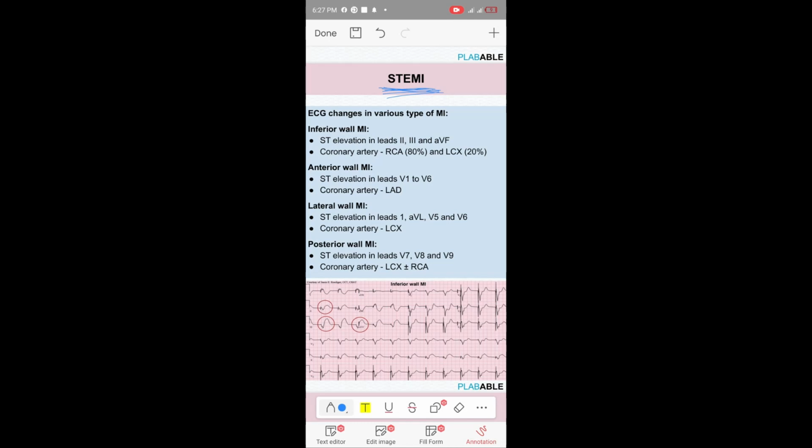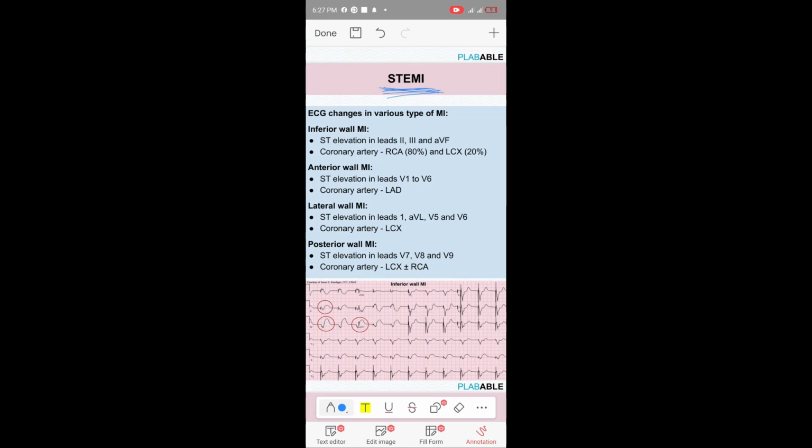There will be radiation, diaphoresis, or SOB related to it. And you need to go for the ECG. Everyone can go for the ECG, but before the ECG, you should have something in your mind about what you are trying to expect. That's your history, risk factors, and the patient's pain. That's going to guide you on what you could expect on the ECG.